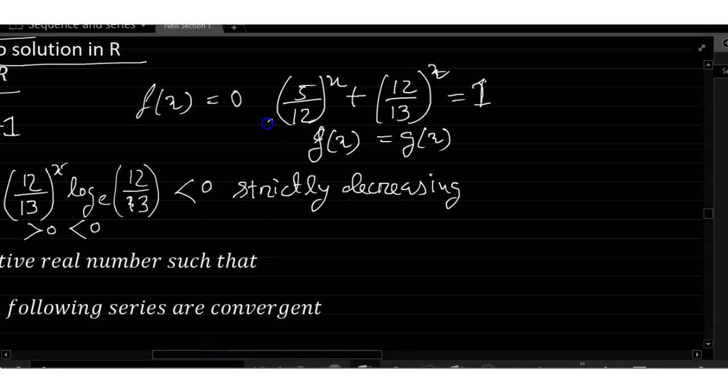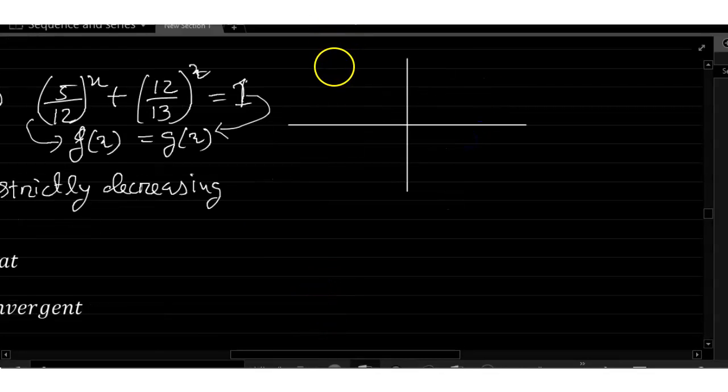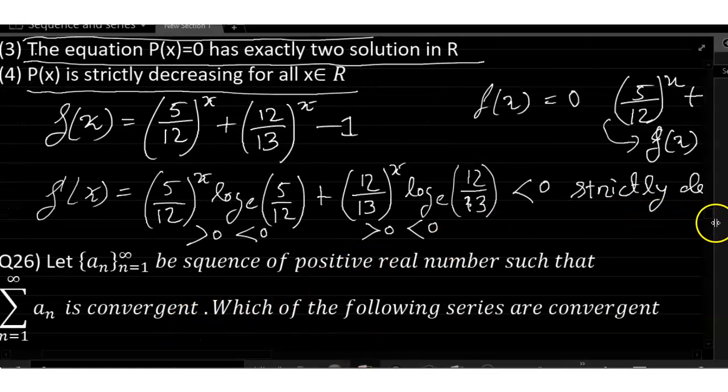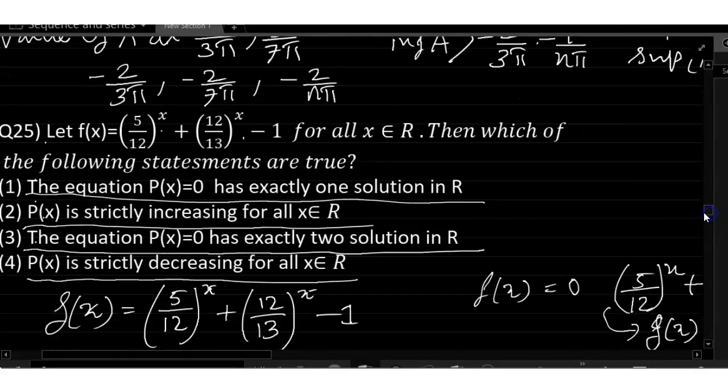So this portion is f(x) and this portion is g(x). So the graph will cut at exactly one point. So the first option is correct.